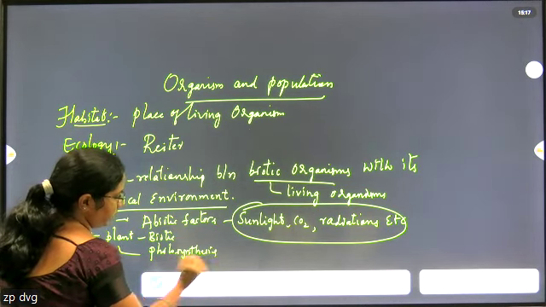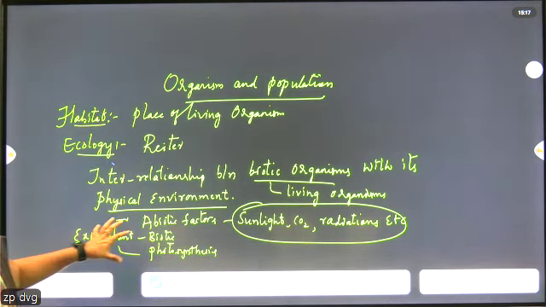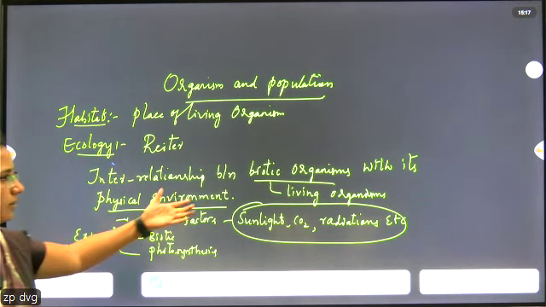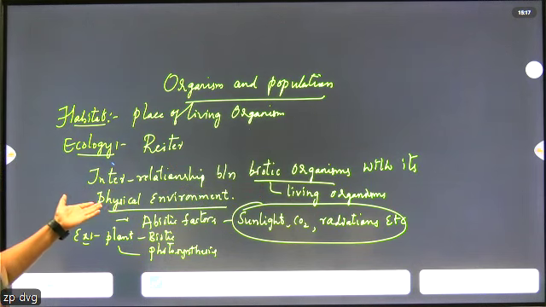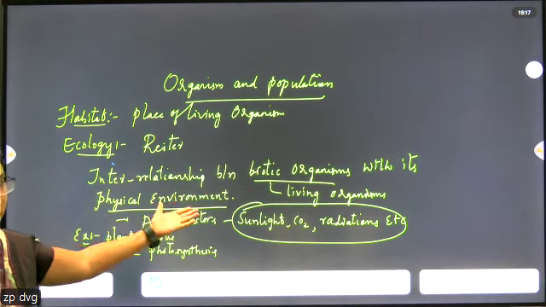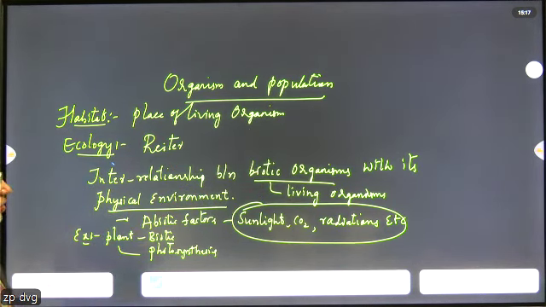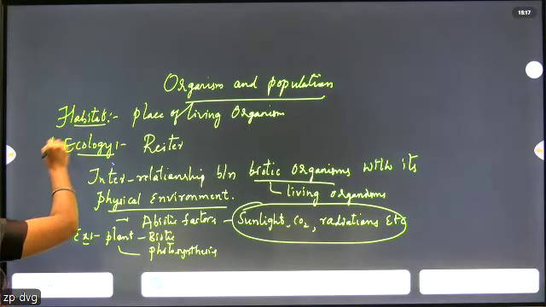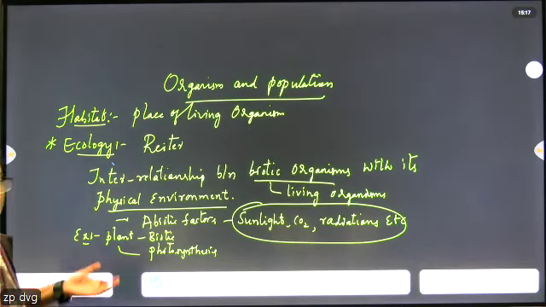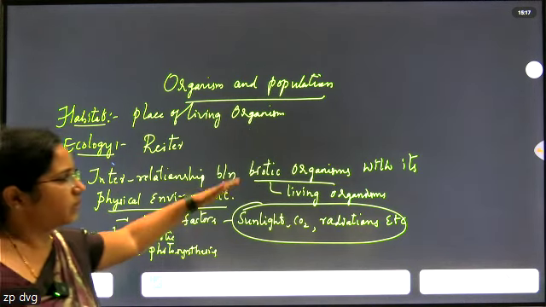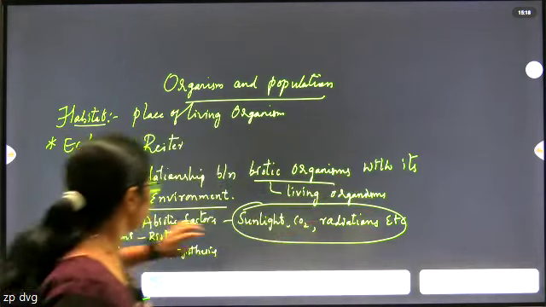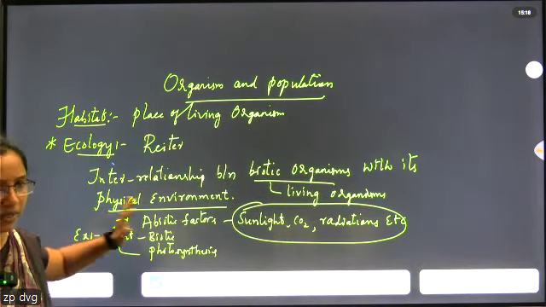So by this example, we can clearly say that all the biotic organisms are interlinked and share their characteristic features with the physical environment to fulfill their functions, so ecology plays a very important role. It is defined as an interrelationship between biotic organisms and their physical environment.